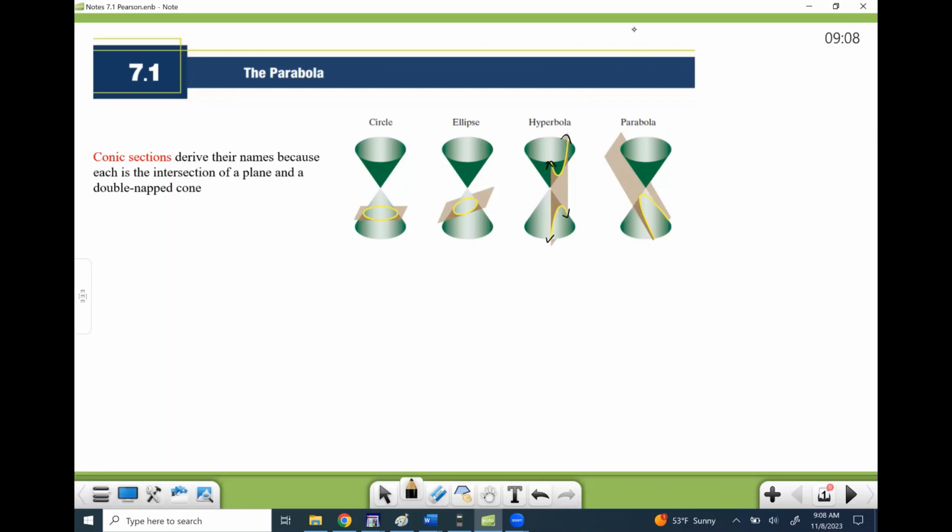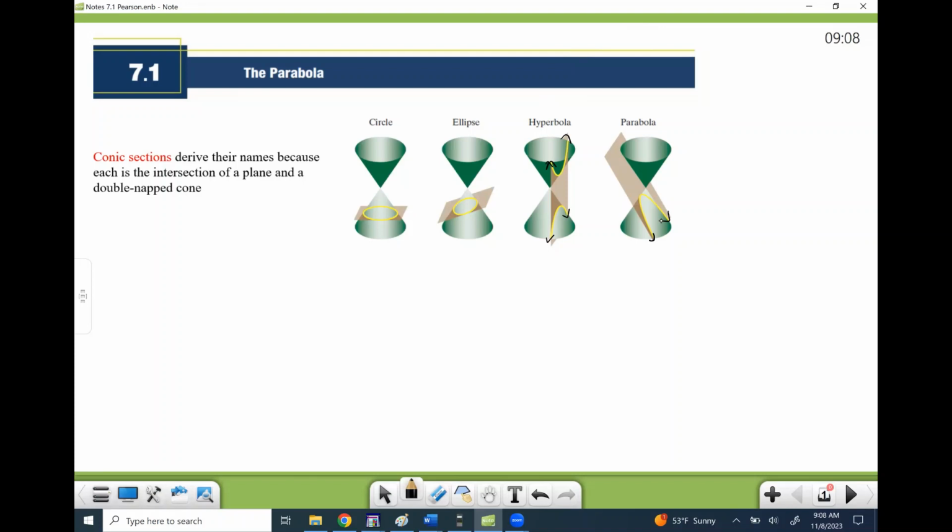Now, this is called a hyperbola, and each one of these is called a branch. So this would be a branch of the hyperbola, and this would be a branch. Then if we slice parallel to the side of the cone, then we should only cross once and get a parabola. So these are all of the conic sections that we're going to be paying attention to in the next 3 sections.